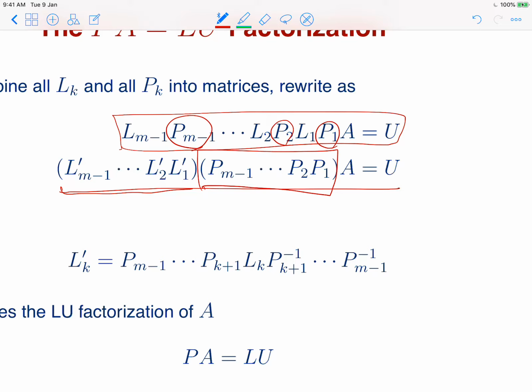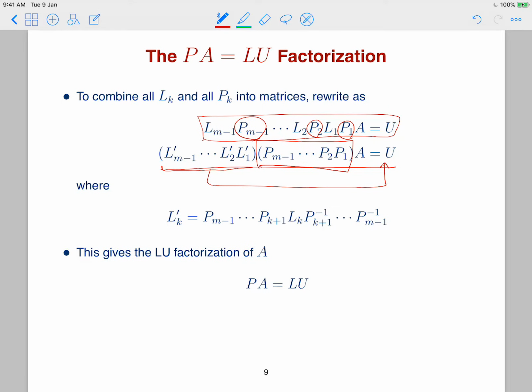And in this case, we can also move it to the right hand side, and then we finally obtain PA equals LU, because this entire part is P, right?